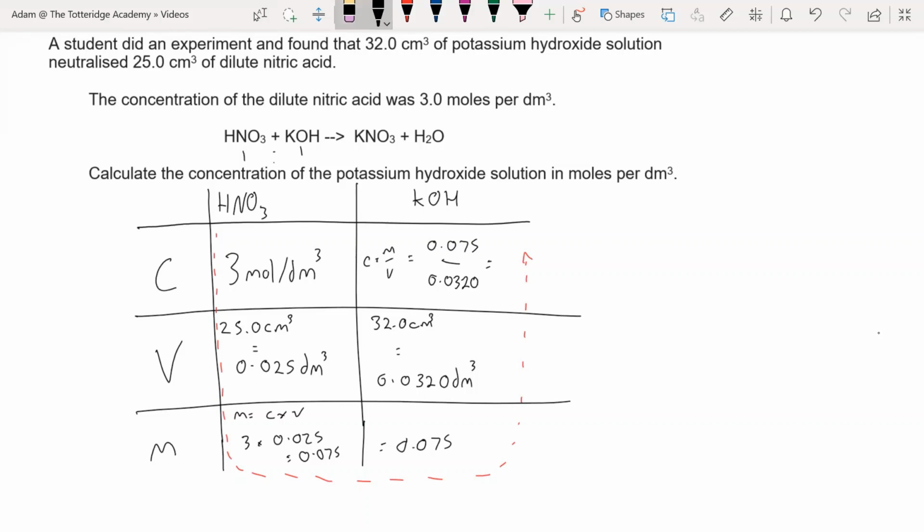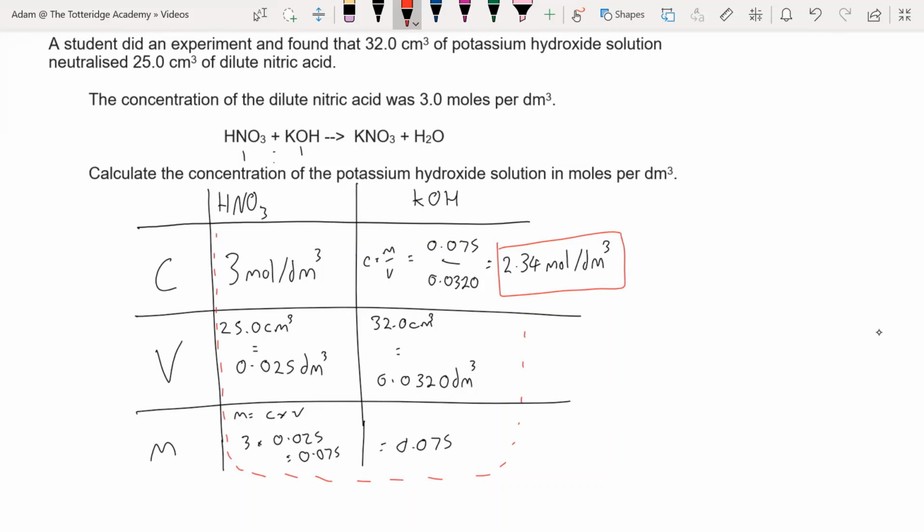That gives me 2.34 moles per dm³. Voila, 4 marks in an exam. Easy peasy. If you got all that and that made sense to you, I'm very happy.